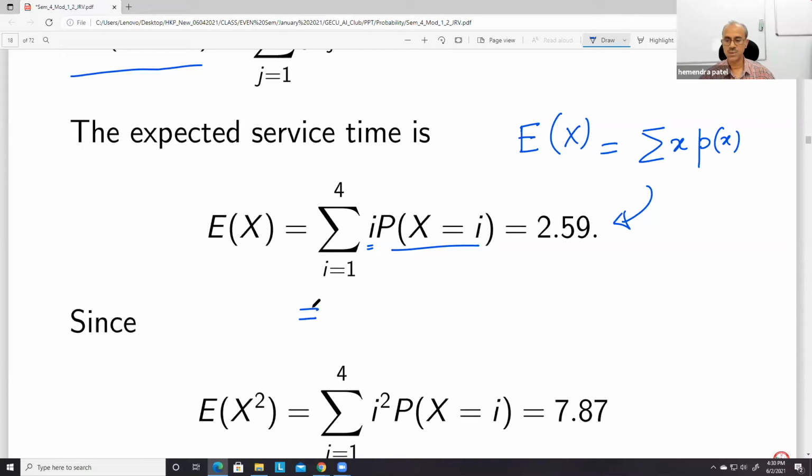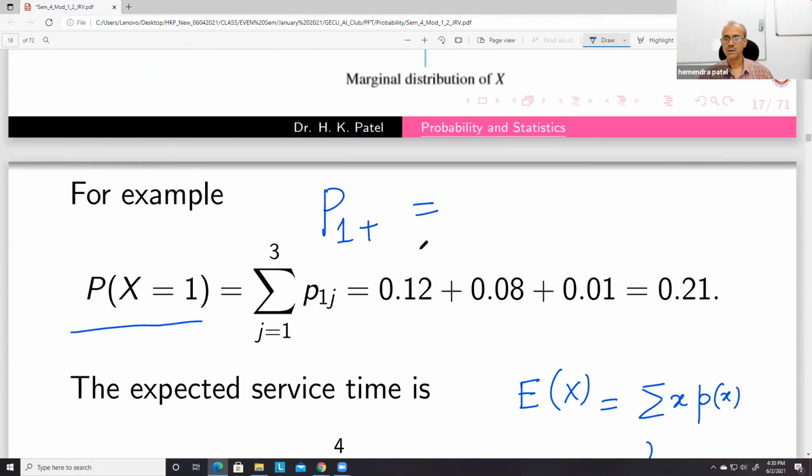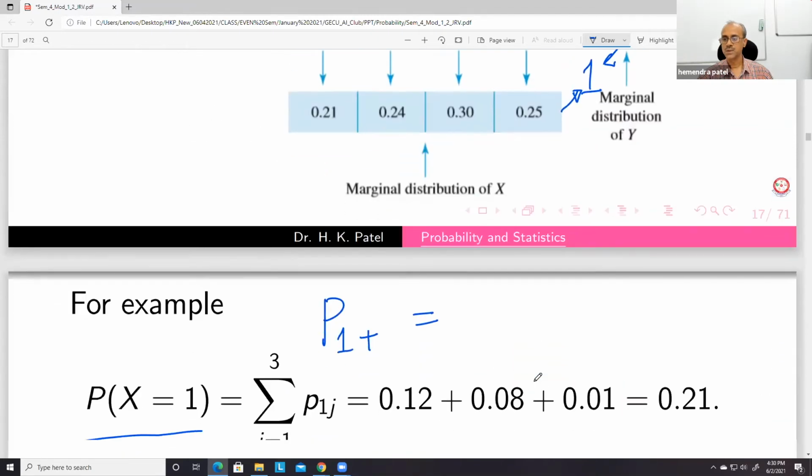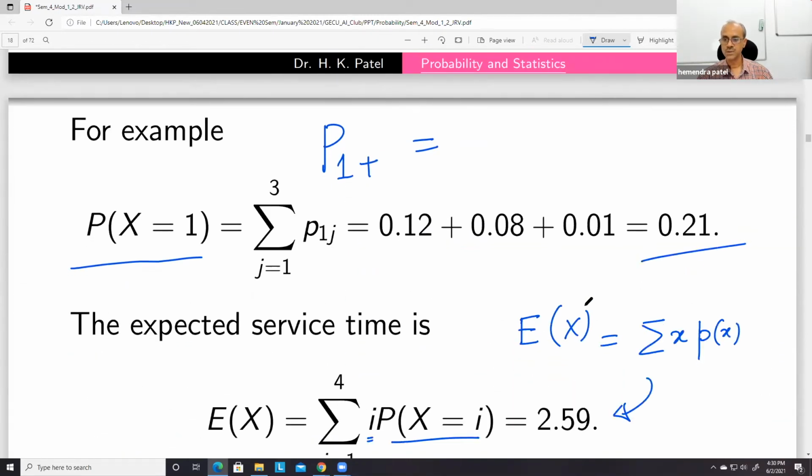You can see the table. For x equal to 1, P(X=1) is 0.21. So you multiply these two, plus 2 into 0.24, plus 3 into 0.3, plus 4 into 0.25. So that will be equal to this one. No, not this one.